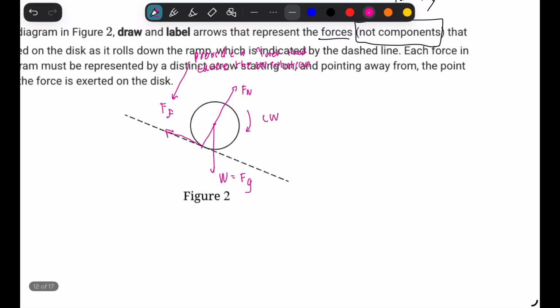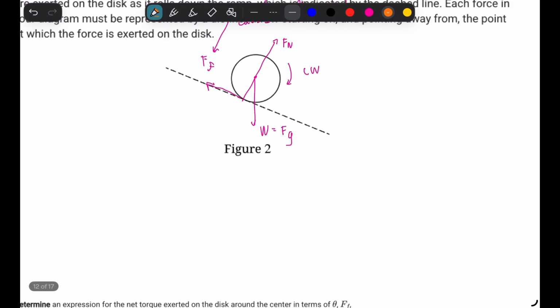Now, let's think about whether these forces are going to provide torque. If we have our Fg, we know that Fg equals mg, and that it's going to act at the center. Torque is equal to Fr sine theta.